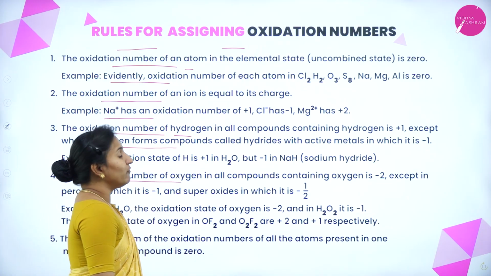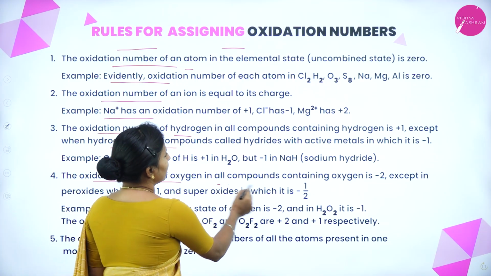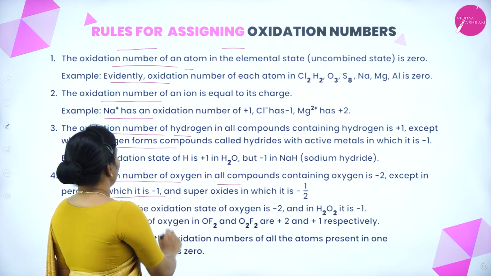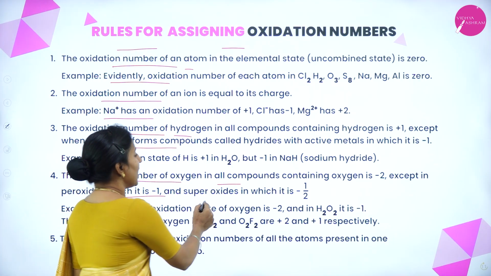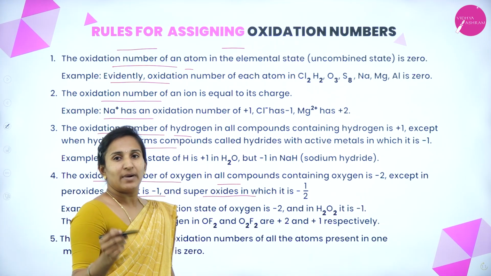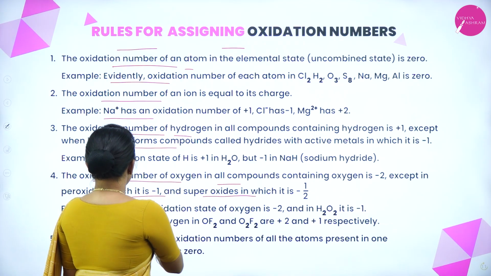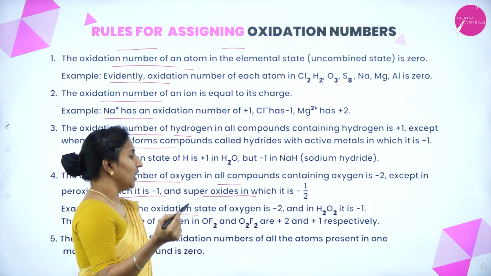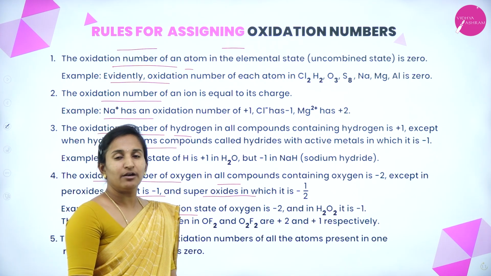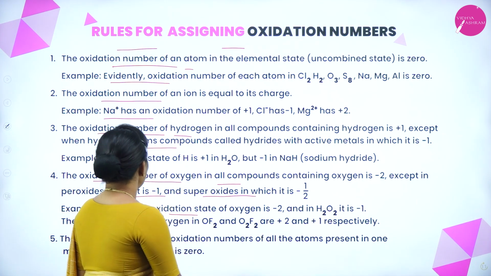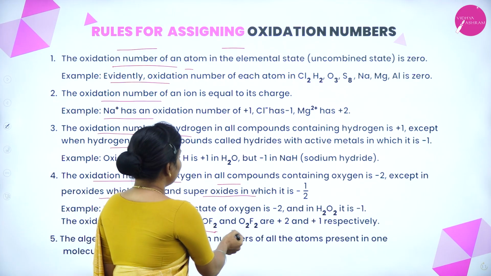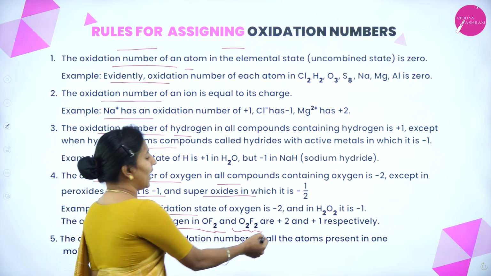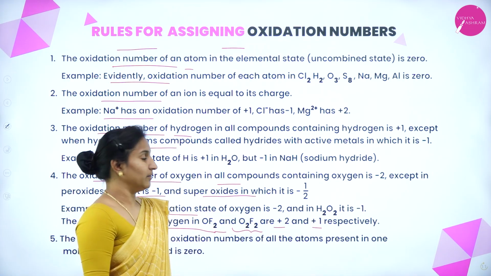The oxidation number of oxygen in all compounds is -2, except in peroxides where it is -1 and superoxides where it is -1/2. For example, in water the oxidation state of oxygen is -2, in hydrogen peroxide it is -1, and in oxyfluorides and dioxygen difluoride, it is +2 and +1 respectively.